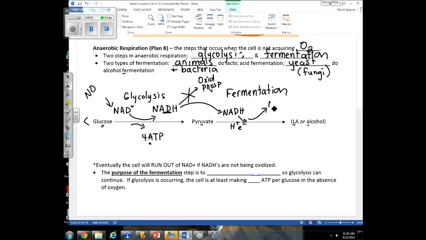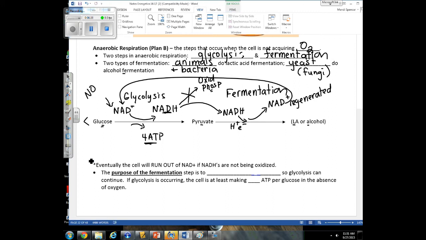But this is really the important part, is these NAD plus molecules are being regenerated. So now we have some NAD plus molecules that can be utilized in glycolysis. And as long as glycolysis is running, then the cell is at least getting 4 ATP molecules. It's not getting a lot, but at least it's getting some.